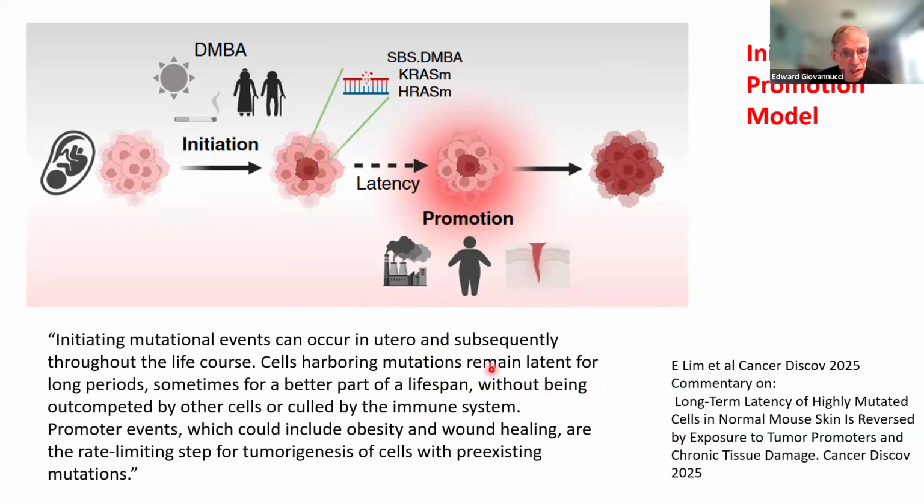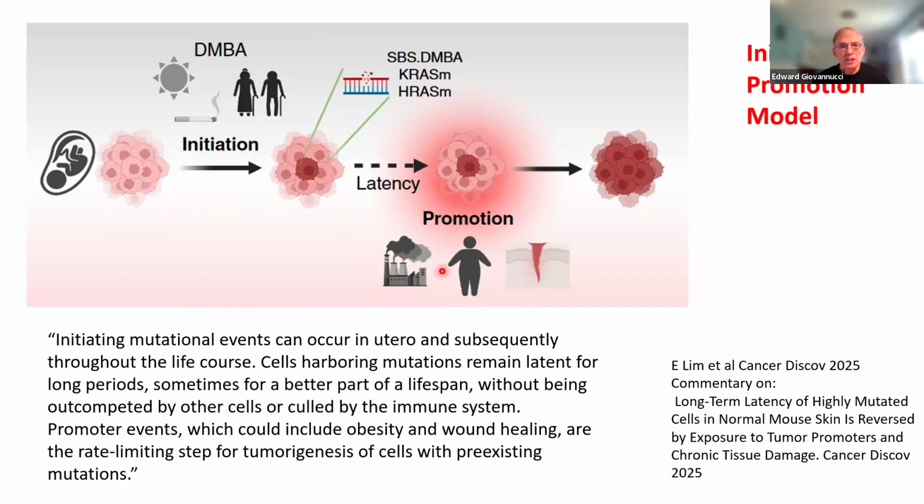And the concept, done in animal studies in the 1950s, is that you give a carcinogen, something that causes DNA damage, which is called initiation. You can have many, many cells that have a mutation, but they don't progress to cancer typically unless a promoter is given.